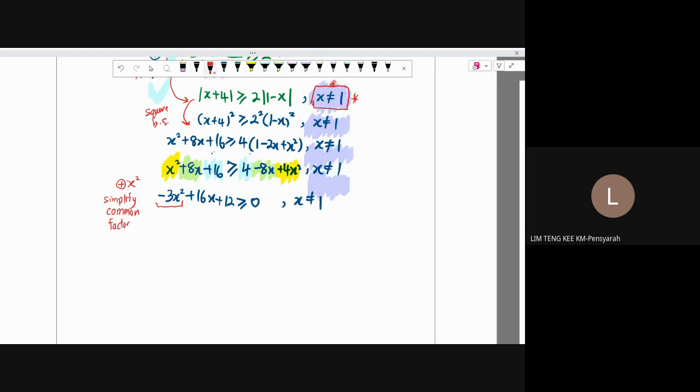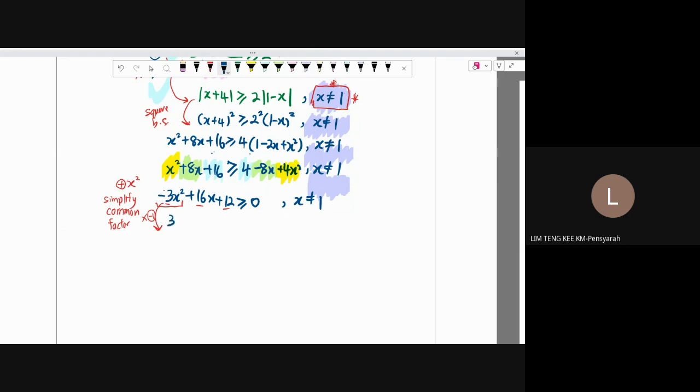But anyway, you can see what situation we have here. First, we see that we have a negative coefficient for x squared. Then for common factors of 3, 16, 12, we don't have a common factor. So we just need to deal with changing it into a positive coefficient for x squared. So the next line, I would like to multiply everything by -1, and this will give me the result.